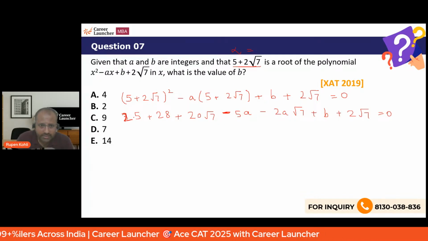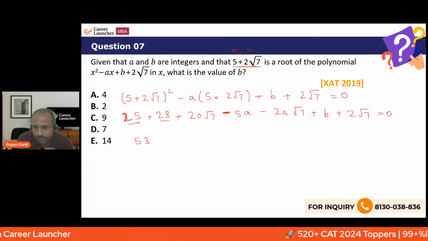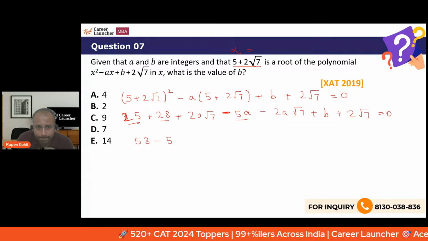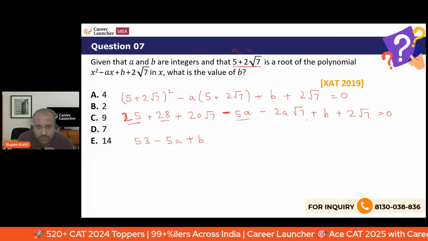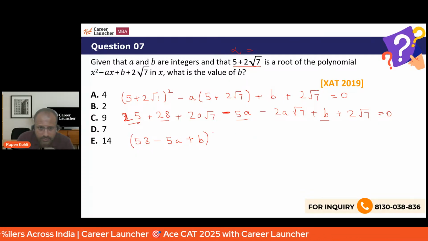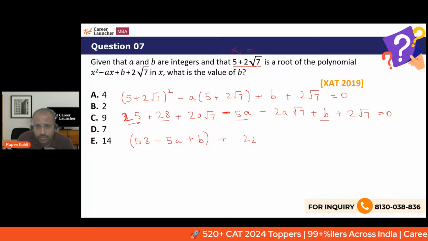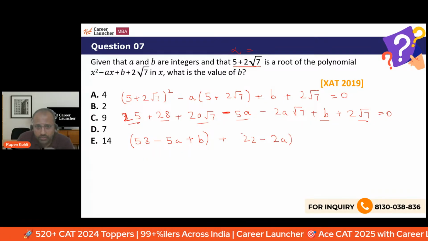So constant is 25 and 28, 53 and nothing else, 53. Collecting all the terms, minus 5a plus b. So I've collected all the numbers and now I'm collecting all the square roots. So 20 and 2. So 22 root 7 and minus 2a. So everything is done. 22 minus 2a root 7 is 0.